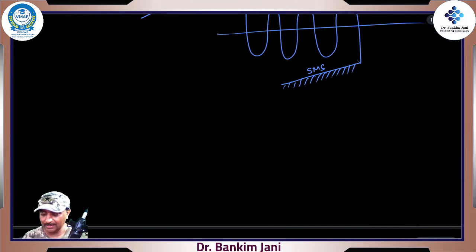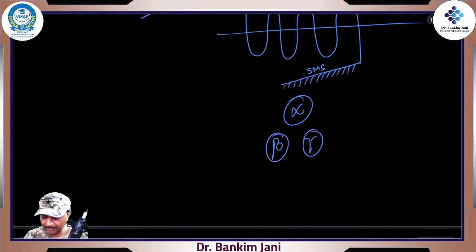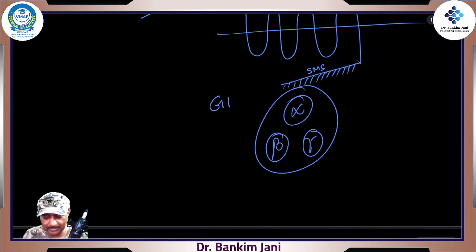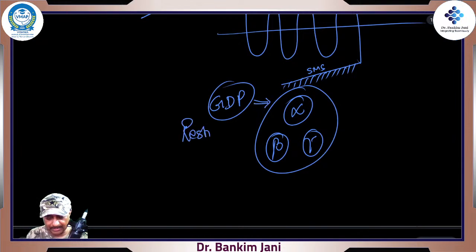Who is the G protein? Once again, our alpha, our beta, our gamma, and that G protein which was comfortably spending a nice life with GDP. This is the resting phase.